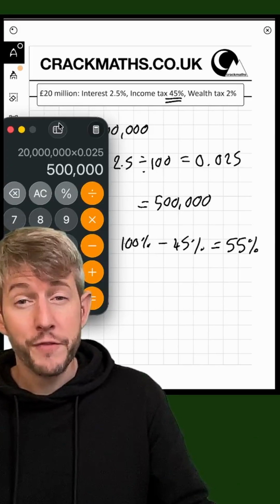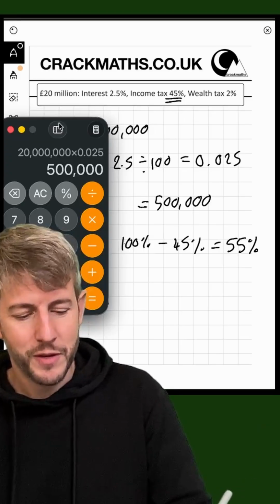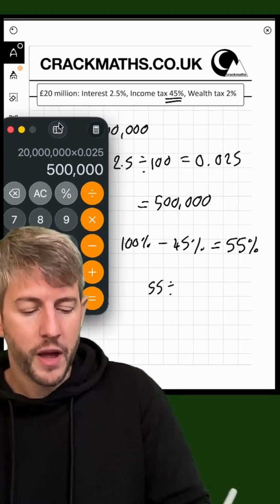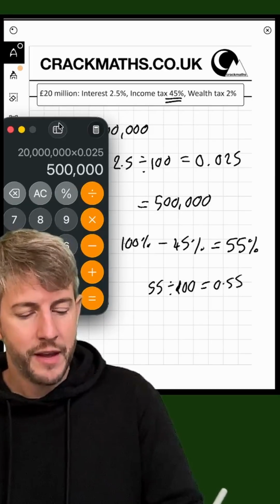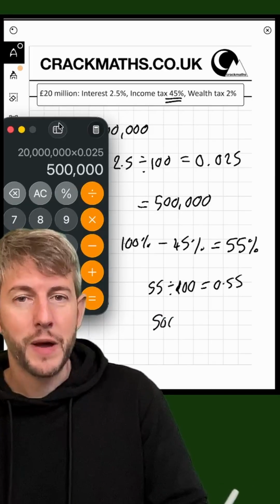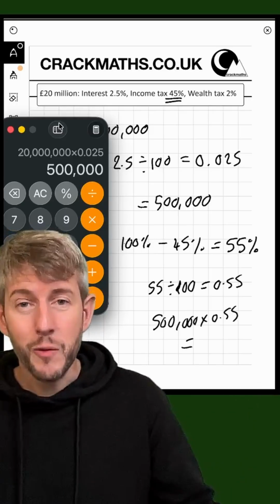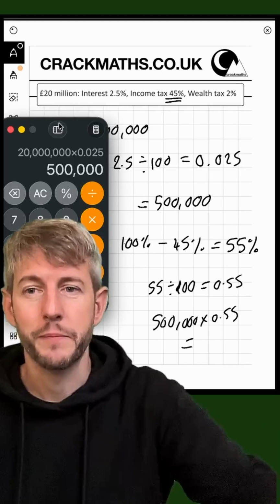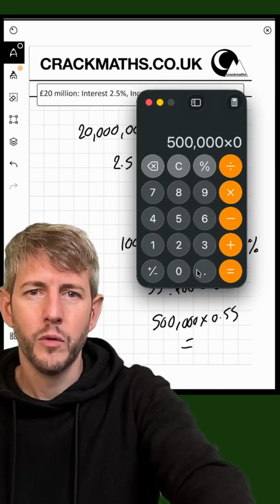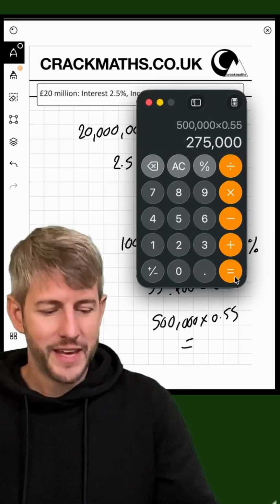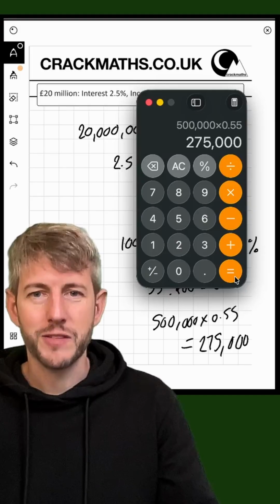So in order to find 55% of 500,000, we do 55 divided by 100, which gives us 0.55, and then if we do our £500,000 multiplied by 0.55, that will tell us how much of that interest we get to keep. So here we go, 500,000 multiplied by 0.55. So they'll get to keep £275,000 of that £500,000 interest.